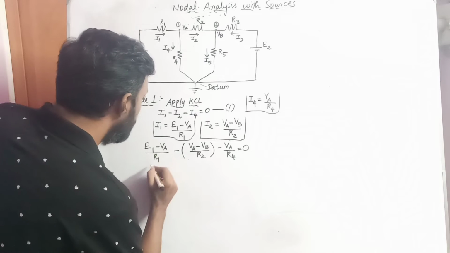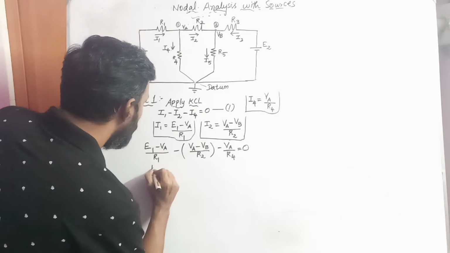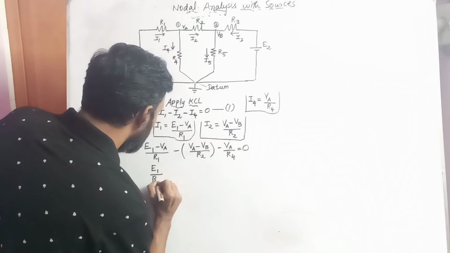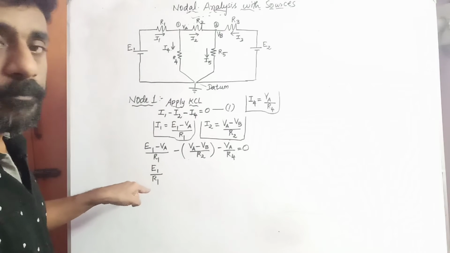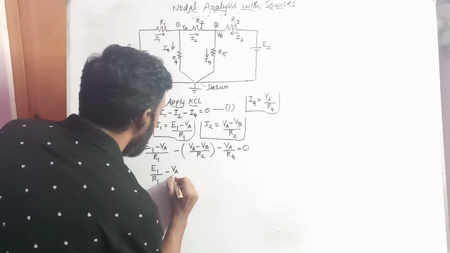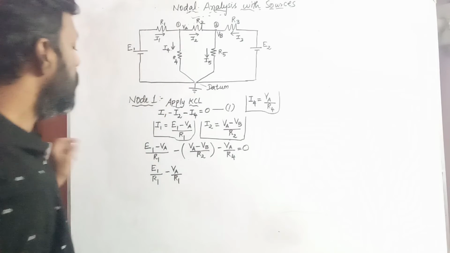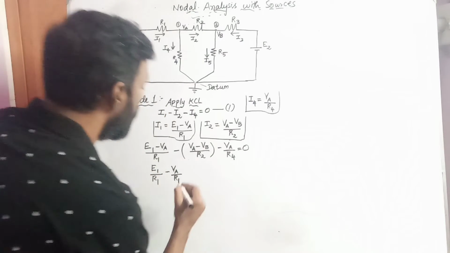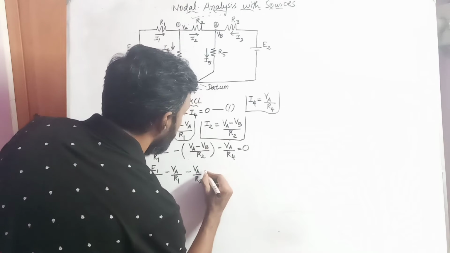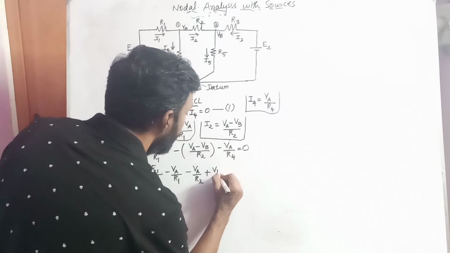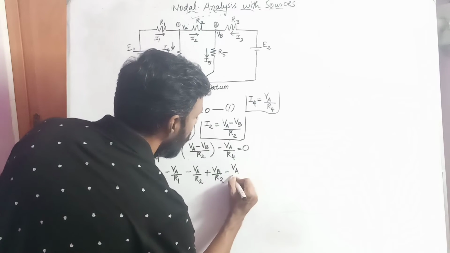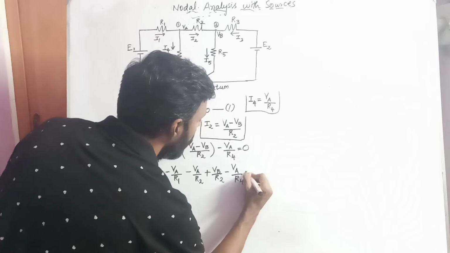So now this will become E1 divided by R1 minus VA divided by R1 minus VA divided by R2 plus VB divided by R2 minus VA divided by R4, equal to 0.